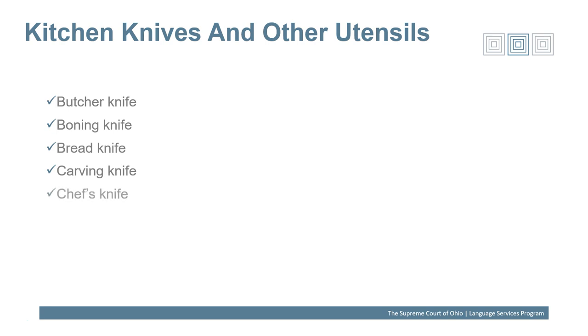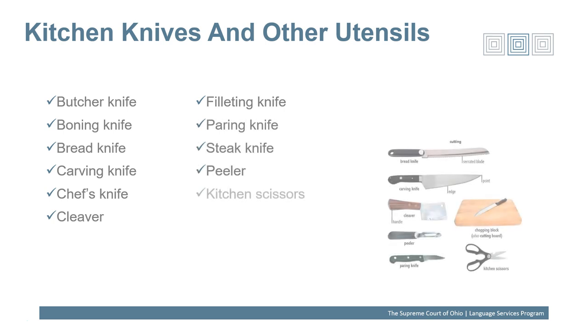Butcher knife, boning knife, bread knife, carving knife, chef's knife, cleaver, filleting knife, paring knife, steak knife, peeler, kitchen scissors.